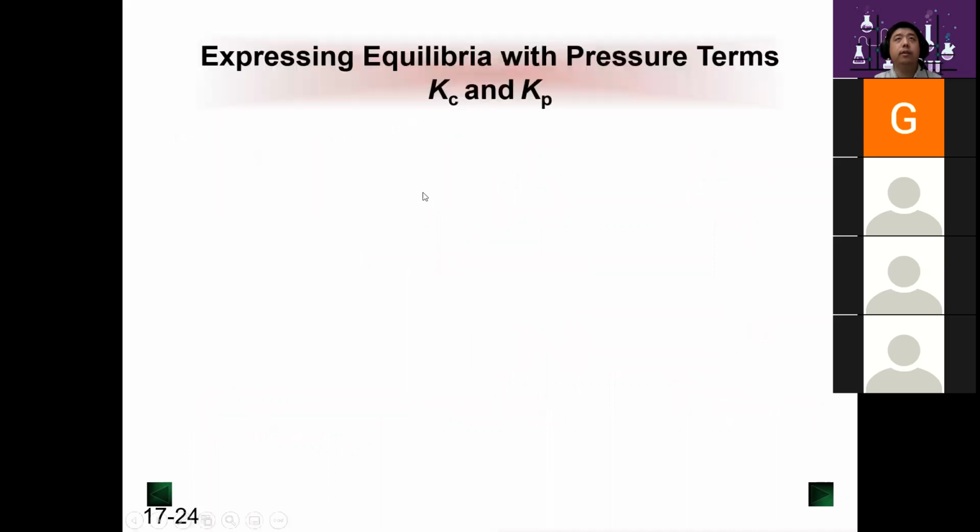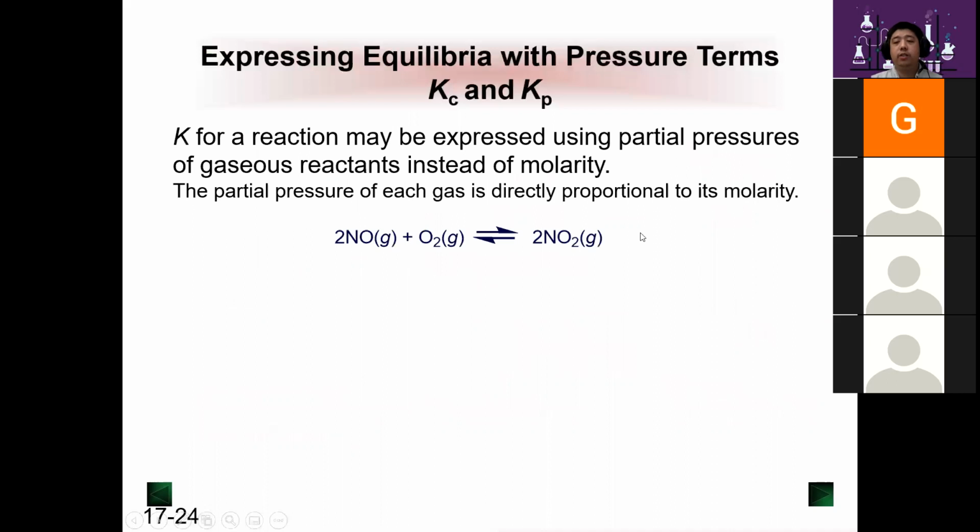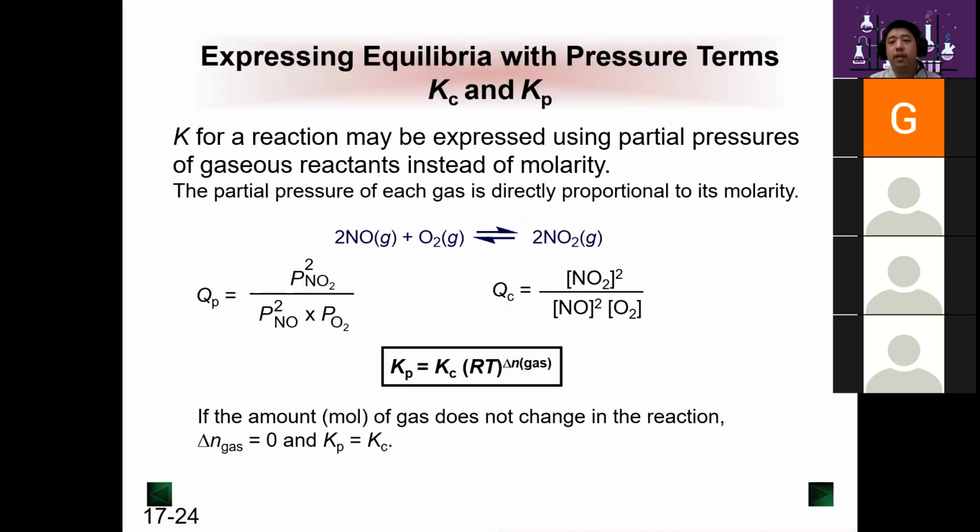The next thing we're going to talk about is these little symbols where you see Kc, Kp, K whatever. This is referring to the type that we're looking at. They're still equilibrium expressions, but for Kc, it is based on concentration, and for Kp, it is based on pressure. How many of you remember the ideal gas law?